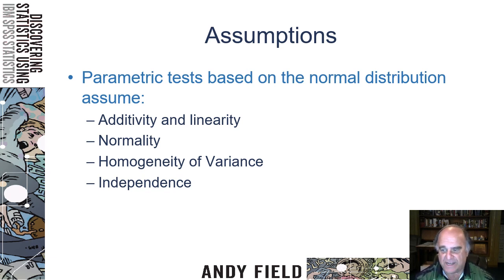Parametric tests, which are mostly what we're using most of the time, including normal linear regression analysis, assume all of these. And one of our purposes, of course, in screening data is to see if those assumptions are in fact met.